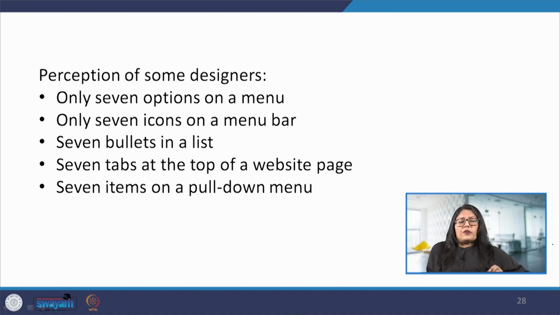A lot of designers have used this theory to design interactive products or applications, wherein they have some guidelines like, there should be only 7 options on a menu, or only 7 icons on a menu bar, or 7 bullets, and so on and so forth.